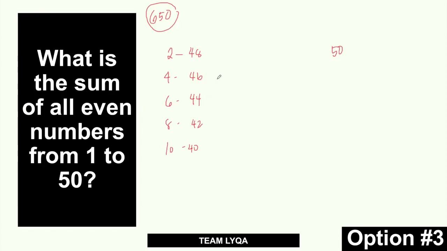pares. Okay? Sa bawat dalawang column or sa bawat 10 numbers na meron ka pang natitira dun sa sequence mo. So, kung mapapansin mo, dahil meron kang 25 terms nga dito sa pares-pares na yan, and again, you can keep writing down. So, 12 and 38, you have 14 and 36, 16 and 34, 18 and 32, 20 and 30.